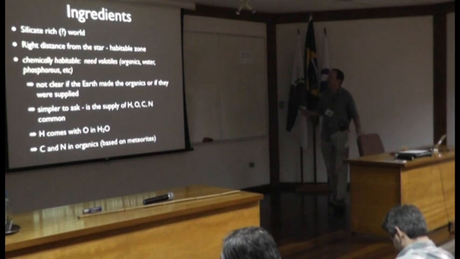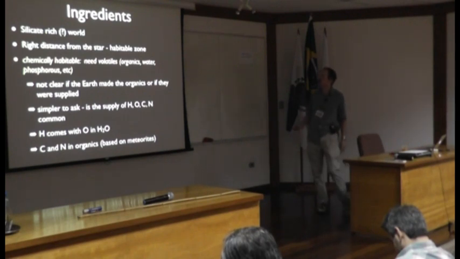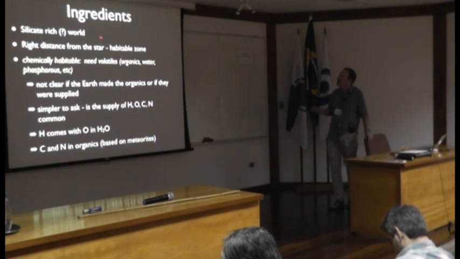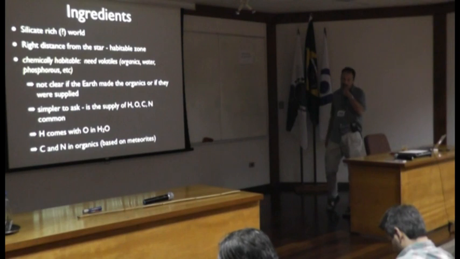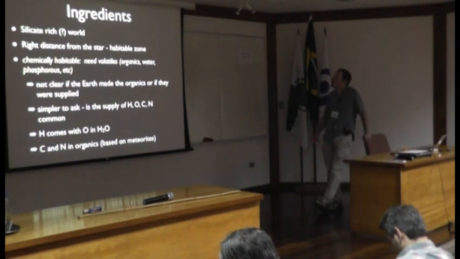Okay, so we need to have a silicate-rich world, and I'll talk a little bit about whether that's always the case. If you want to make a habitable world, we have this idea of the distance from the star, where water would be liquid on the surface, and that defines our current concept of the habitable zone.